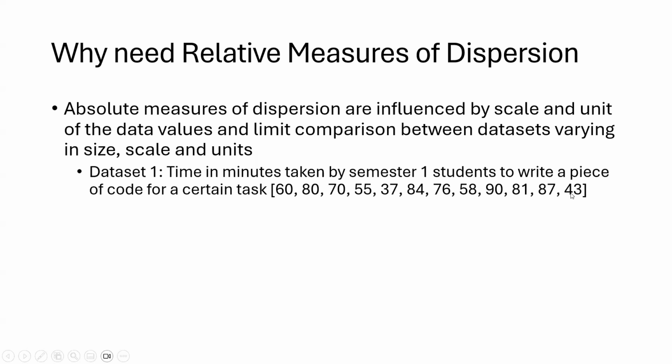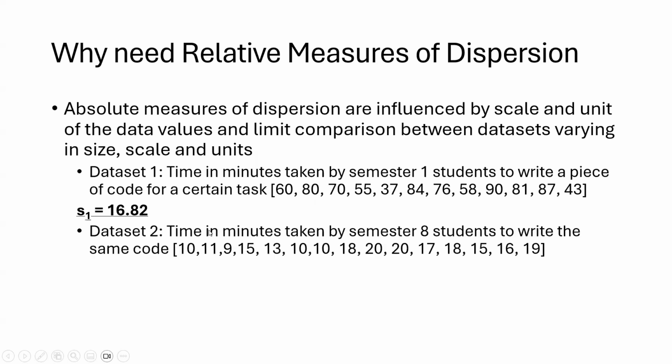And you can see the values here. We can see that 37 is the least value and 90 is the highest. And the values range between these 37 and 90, and you can also see their variation here. The standard deviation comes out to be 16.82.